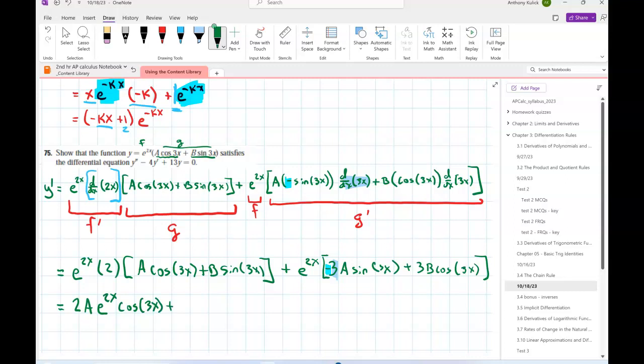I'm just seeing if there's anything to cancel or terms to combine here. All I'm doing is distributing things out to see what I can group together in a clever way to make the next step easier.